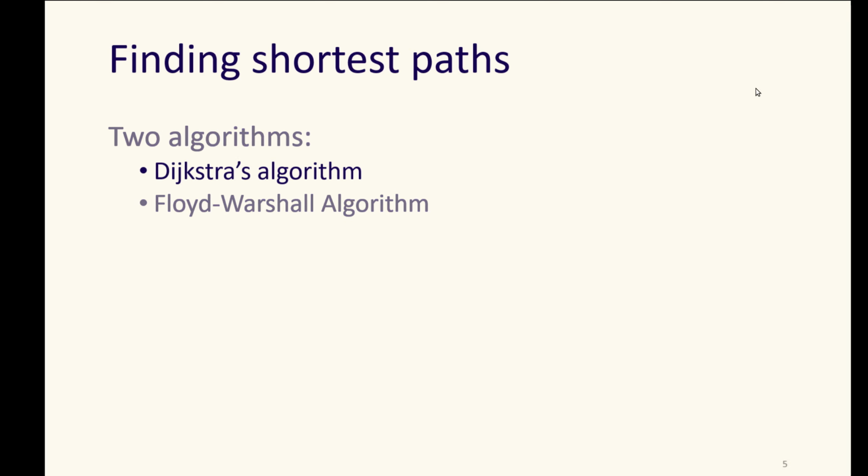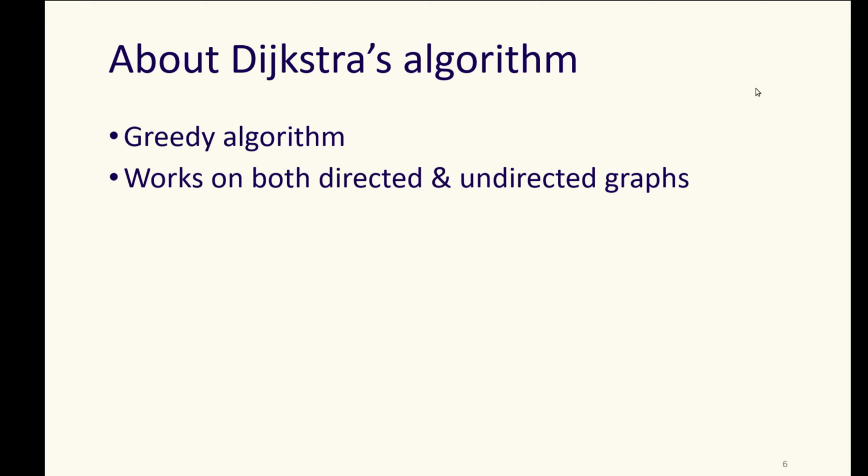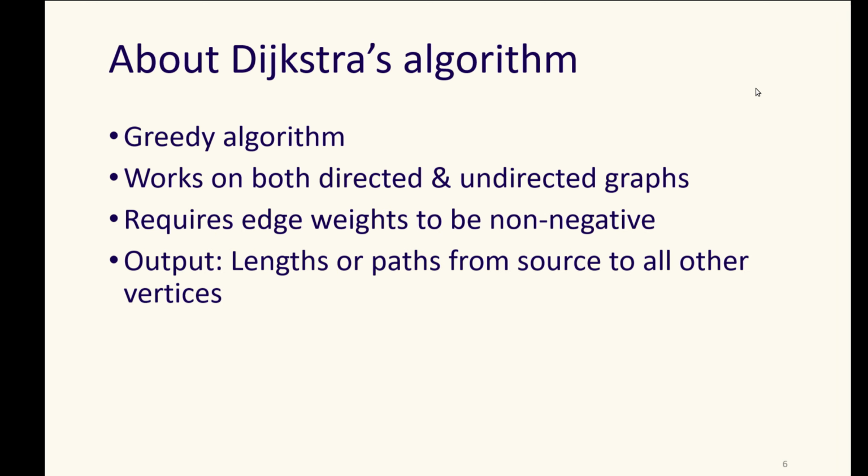We'll look at two algorithms for finding shortest paths. The first one will be Dijkstra's algorithm. It's a greedy algorithm, and it works on directed and undirected graphs. It requires the edge weights to be non-negative, like I mentioned before, and its output will be the lengths or the paths from the source to all other vertices.